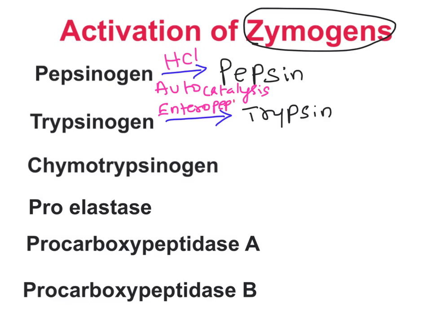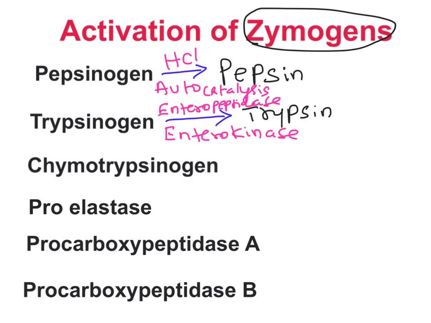You have to remember this name, enteropeptidase, which is also called enterokinase. Note that the enteropeptidase or enterokinase enzyme is already located over the brush border epithelium of the small intestine, especially the duodenum. With the help of enteropeptidase, trypsinogen is converted into its active form, trypsin.